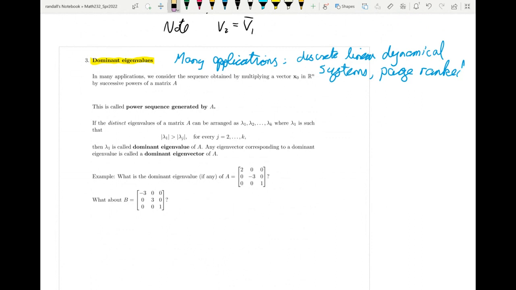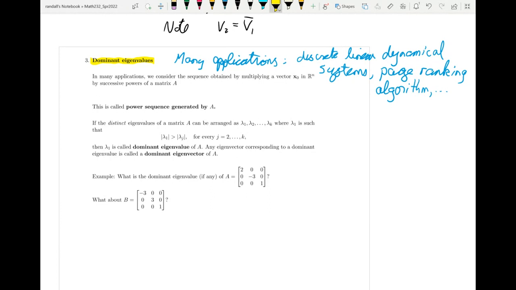The ranking algorithm uses the dominant eigenvalue somewhere in the calculation. There are many more applications of locating the dominant eigenvalue.